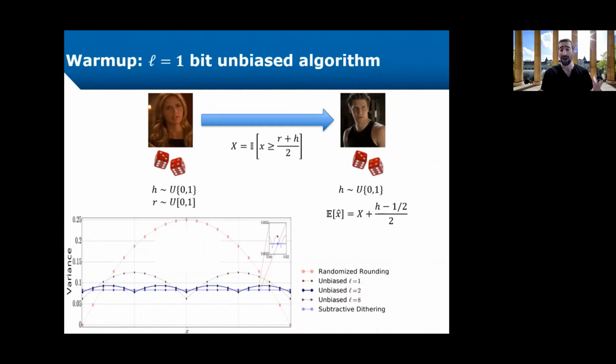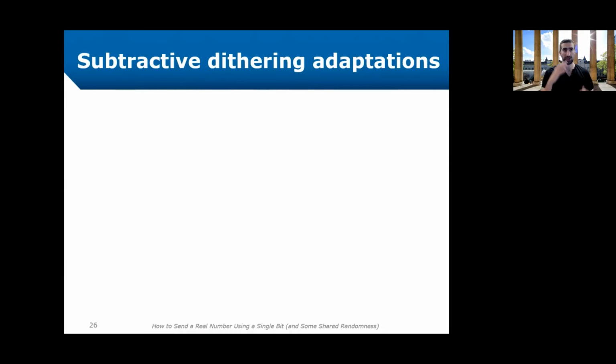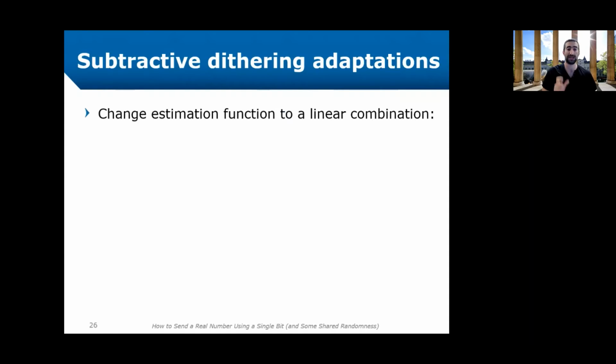The way to do that is to change the estimation function that Angel uses. And what we propose is that instead of just subtracting the noise, the estimate should be a linear combination between the message and the shared randomness.